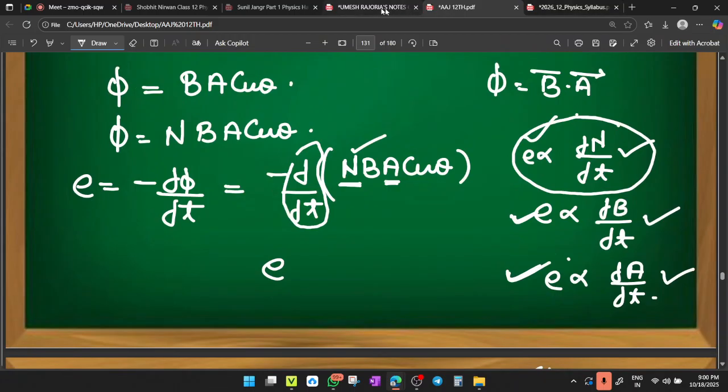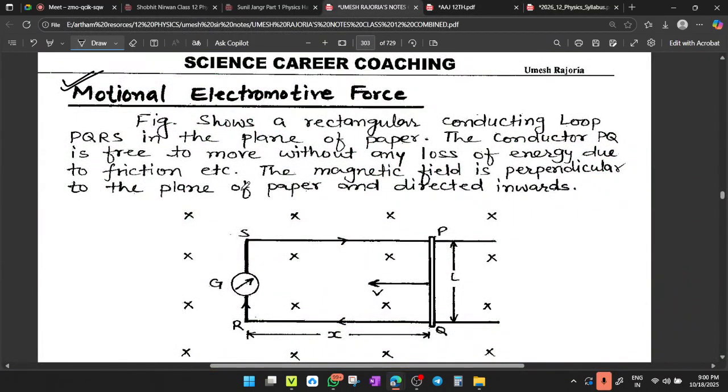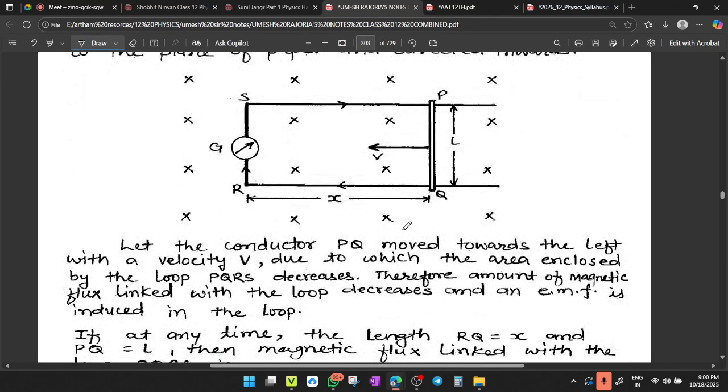So in tomorrow's class, we will study the different types of electromotive force development. You can see here, there is a change in area. Like this is a complete coil. Yes or no? So check the length of the coil from PQRS. The effective length of the coil is equal to PQRS. This is a movable length. And when you bring this length inside, this limb PQ comes here.